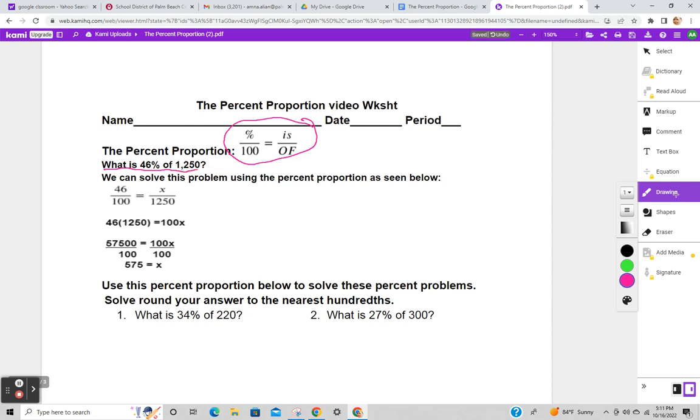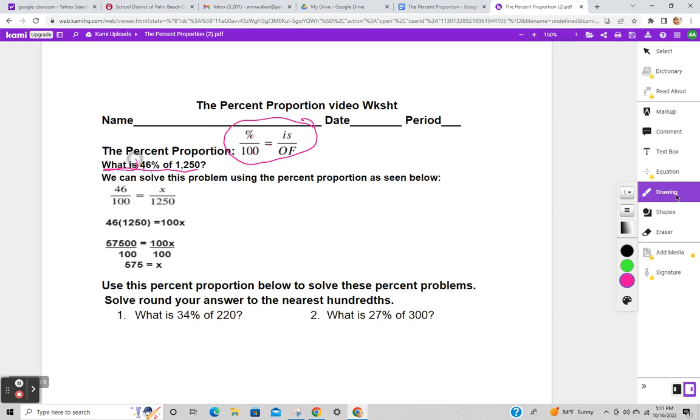What is 46% of 1,250? Okay, this percent proportion tells us basically where all the numbers go depending on the words that are used. So let's look and see how they set up this percent problem using this proportion. All right, so the percent will go right here over 100 because percent is always out of 100.